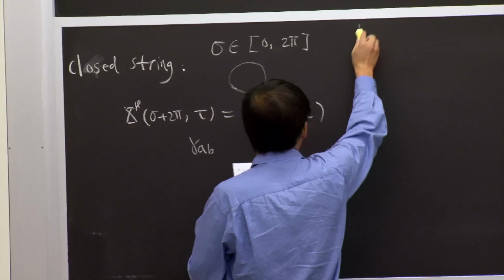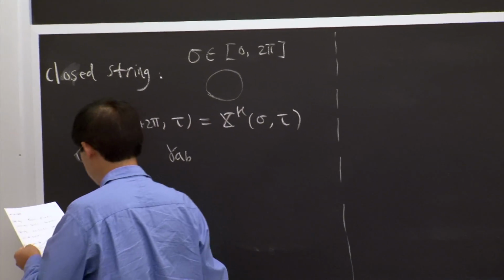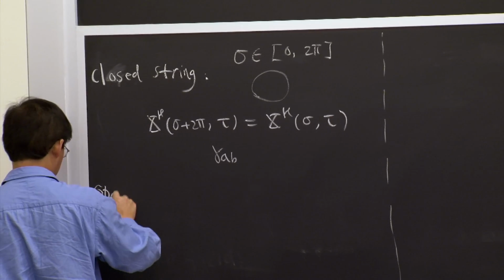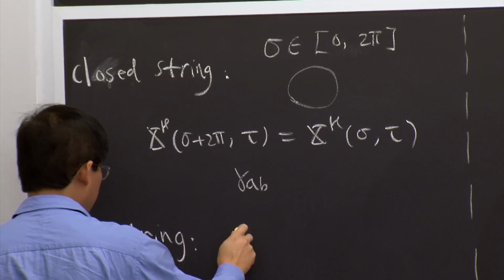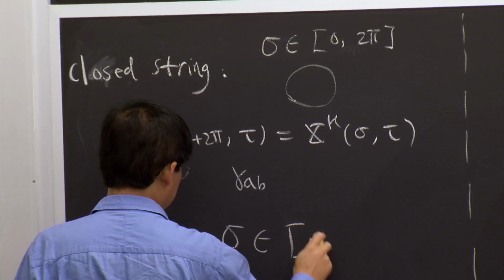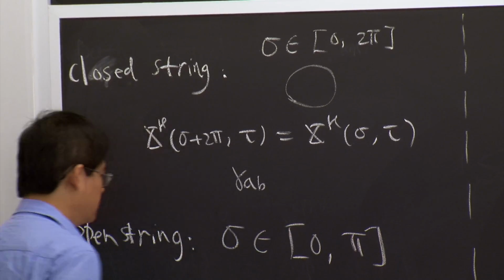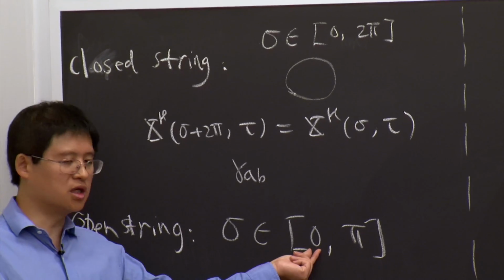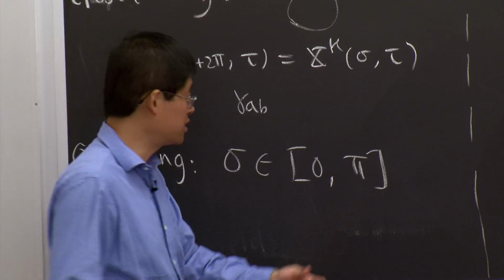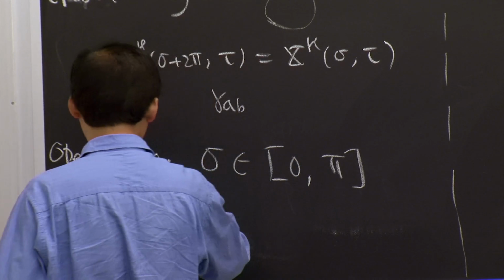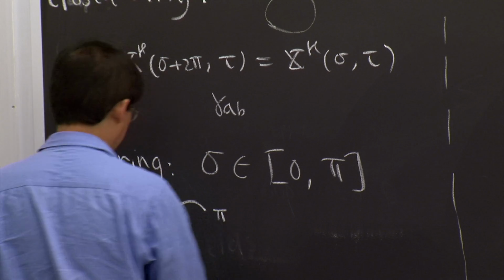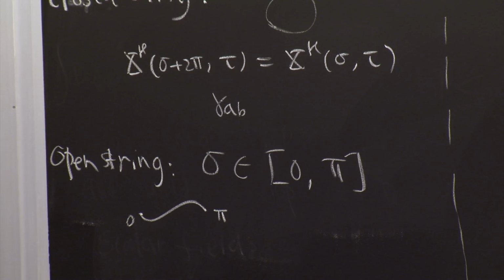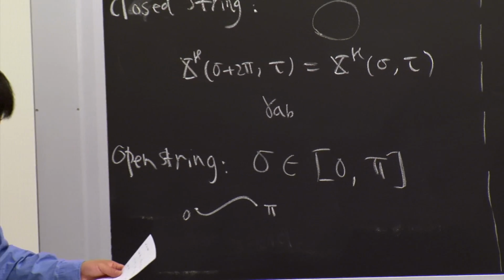But if you have an open string, by convention we take sigma to go from 0 to pi. One end of the string is at sigma equal to 0, the other end is at sigma equal to pi. Sigma is the direction along the string.